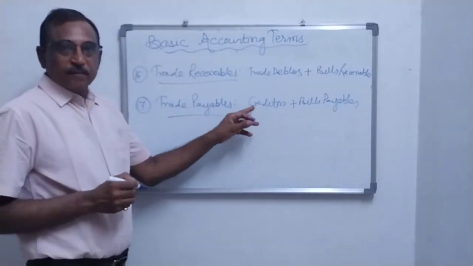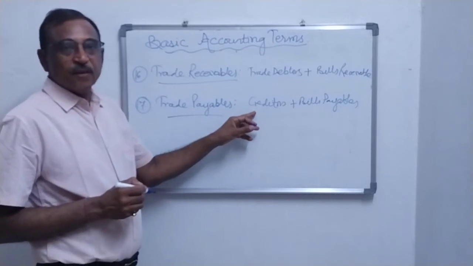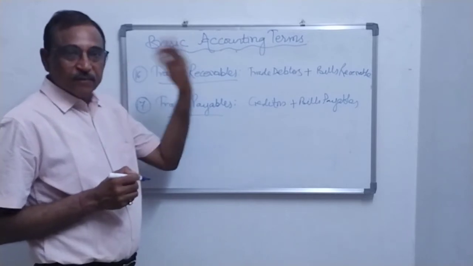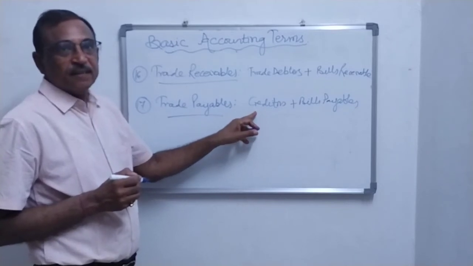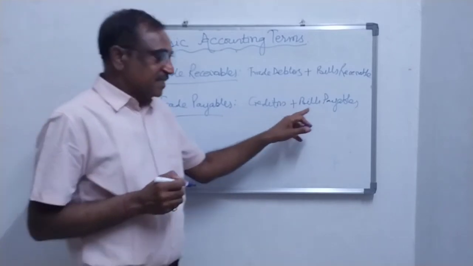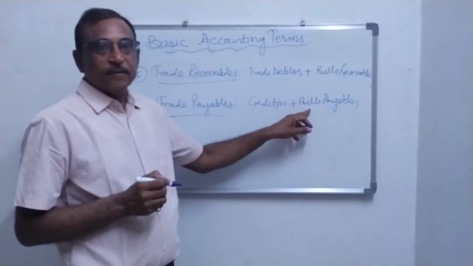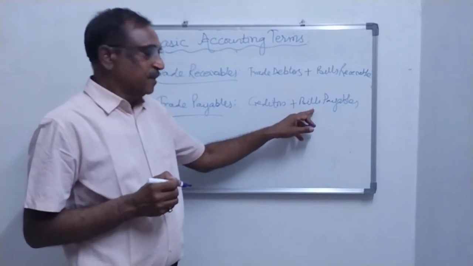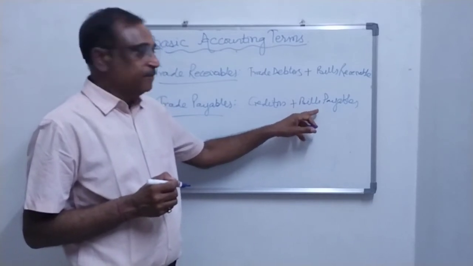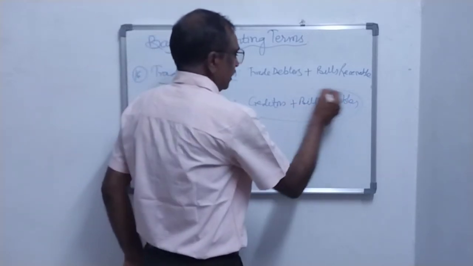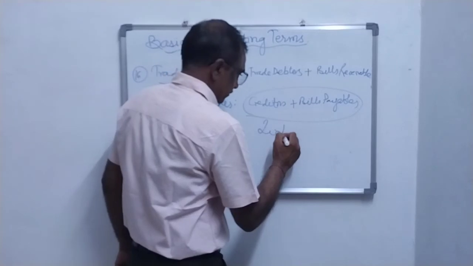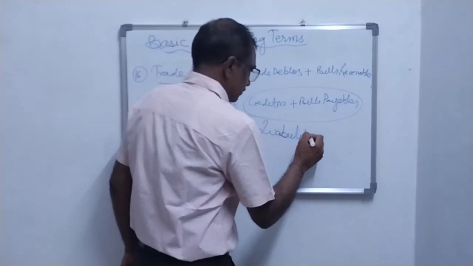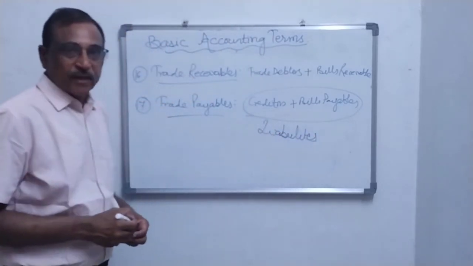When the goods are purchased on credit, you become debtor, and the firm or the person to whom you have to pay will be your creditor. And when you accept bills of exchange, it will be a bills payable for you, and both are your liabilities. Okay.